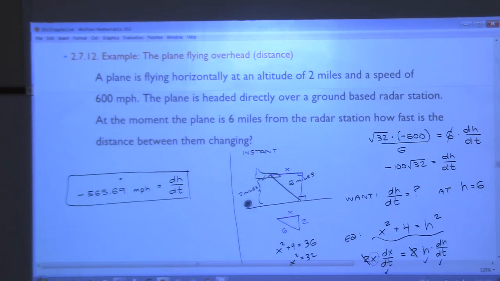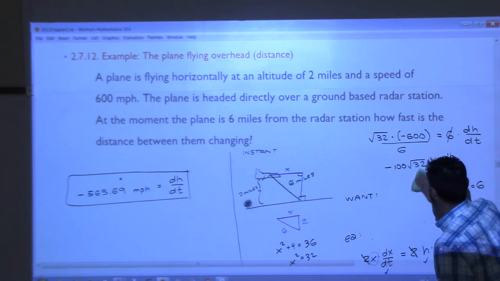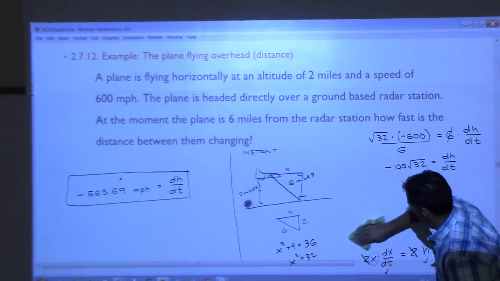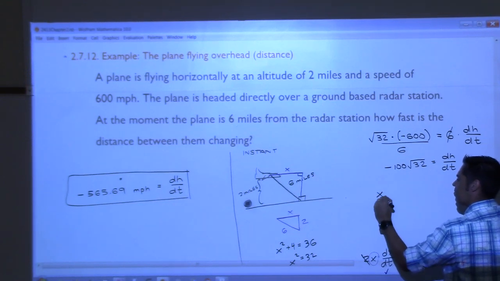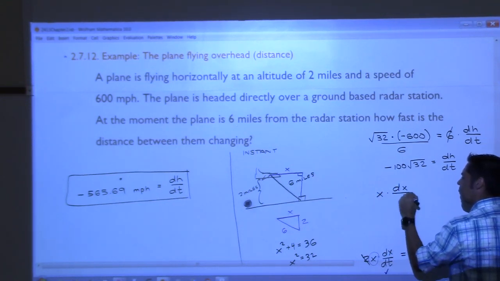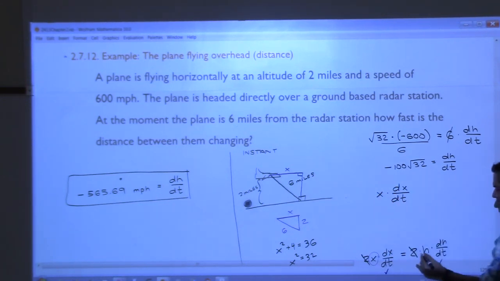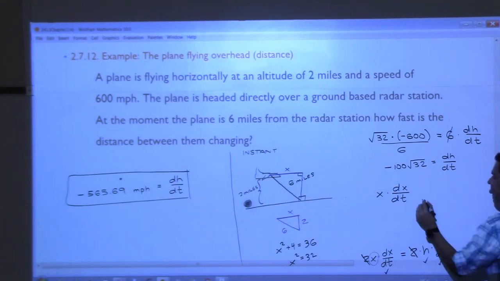Now, what I think is really kind of profound and what I'm trying to get you to see is this formula right here. I have x times dx/dt equals h times dh/dt.